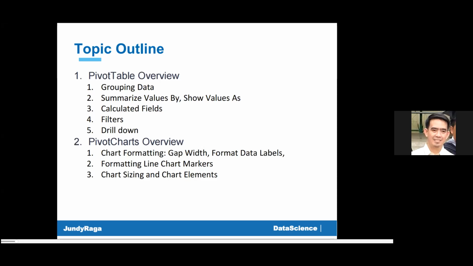The average? Are we going to determine the minimum or the maximum value and others? Showing values could be in terms of totals or in terms of percentages and the like. And then we also have calculated fields. And more importantly, we have filters. By adding filters, we'll be able to show and display data from different angles.